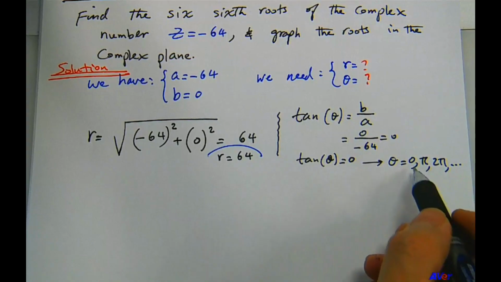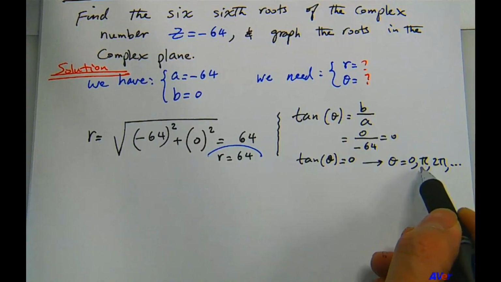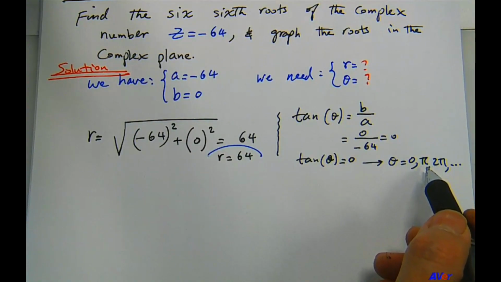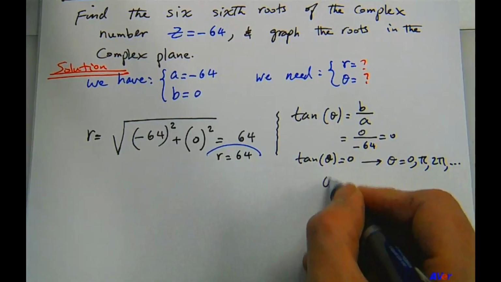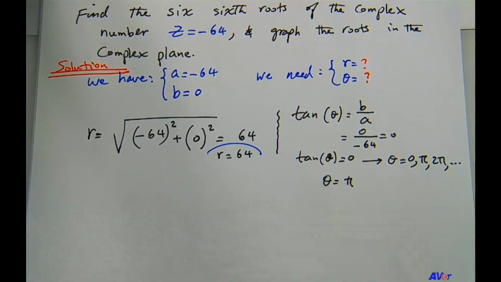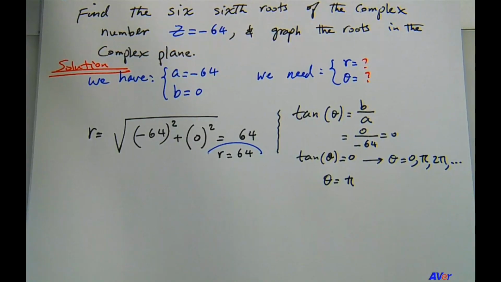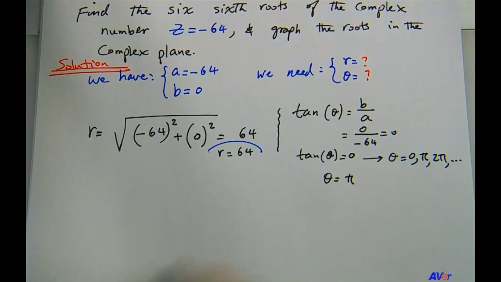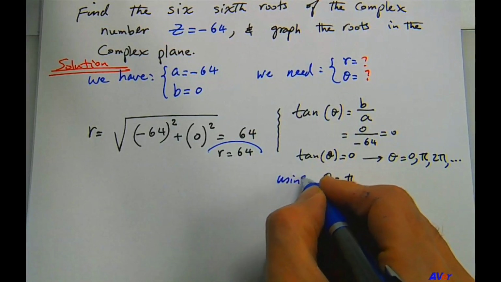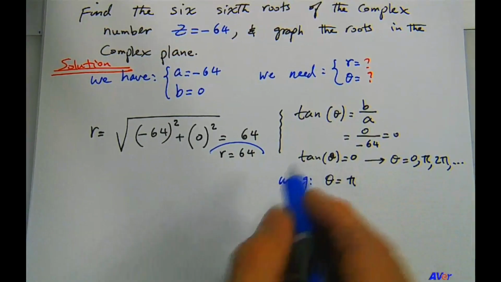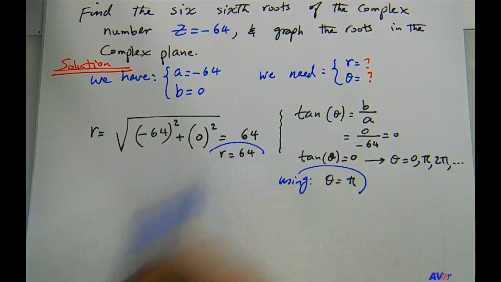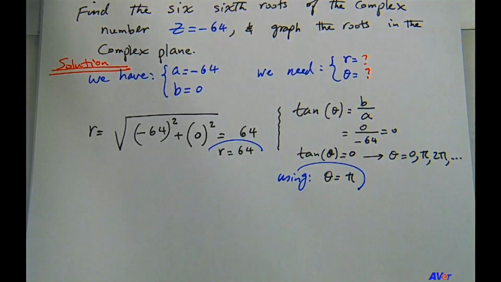You can pick any one of these. I'll just pick pi to be our theta. So theta equals pi, and that's what your book did as well. So we're going to use theta equals pi and r equals 64.